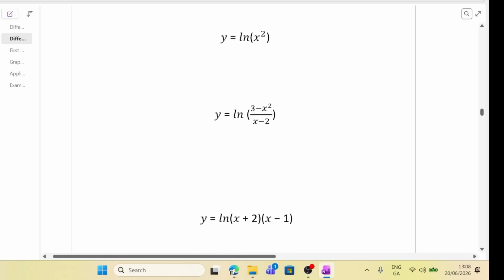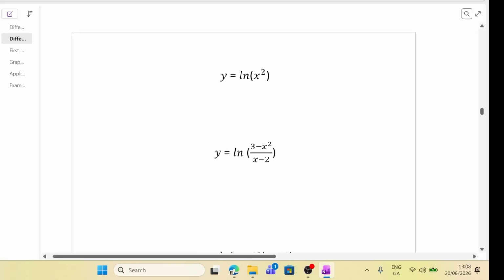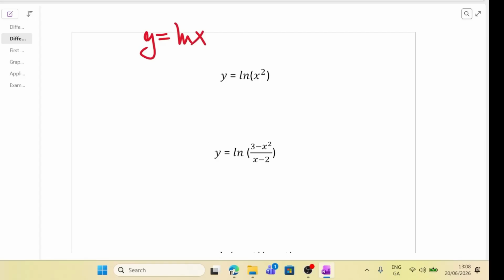Over here we have a logarithm, so let's focus on that. If you go to your log tables, the derivative of natural log of x is just 1 over x. Now what I have to do over here, you can see that the x in the first one is replaced with x squared.